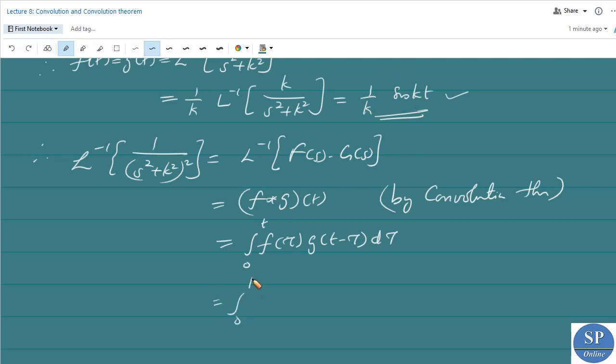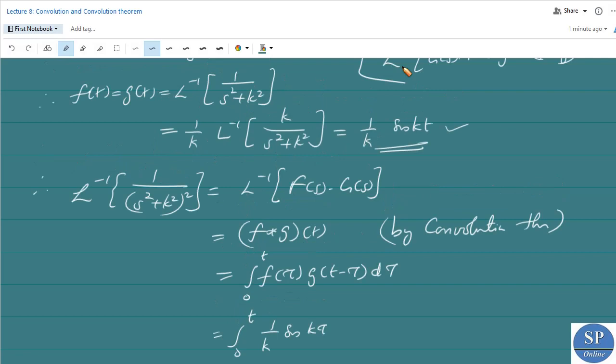So integral 0 to t, f(tau) means 1 by k into sine k tau, and g(t minus tau) means we replace t by t minus tau, because g(t) equals this. So g(t minus tau) equals 1 by k into sine k(t minus tau) d tau.